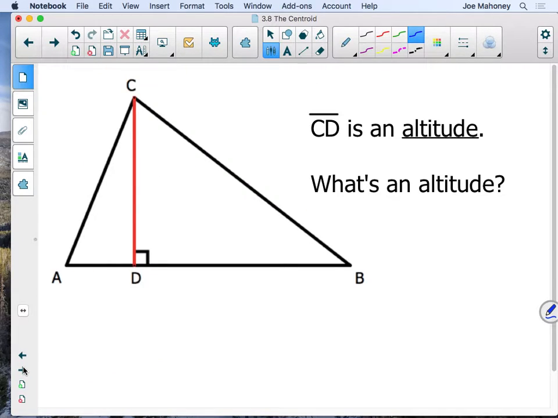In triangle ABC, segment CD is drawn. It's an altitude. You know the game. What's an altitude? All right, so we said before an altitude is a segment from a vertex that is perpendicular.